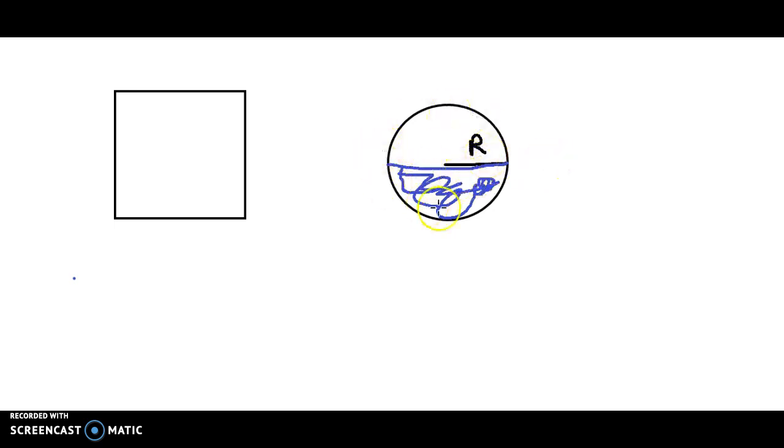Well, the area of the overall circle cut in half would be a good approximation for that. And the area is going to be pi r squared. So there's our pi, which is approximately 3.14, unitless. And then the radius squared.